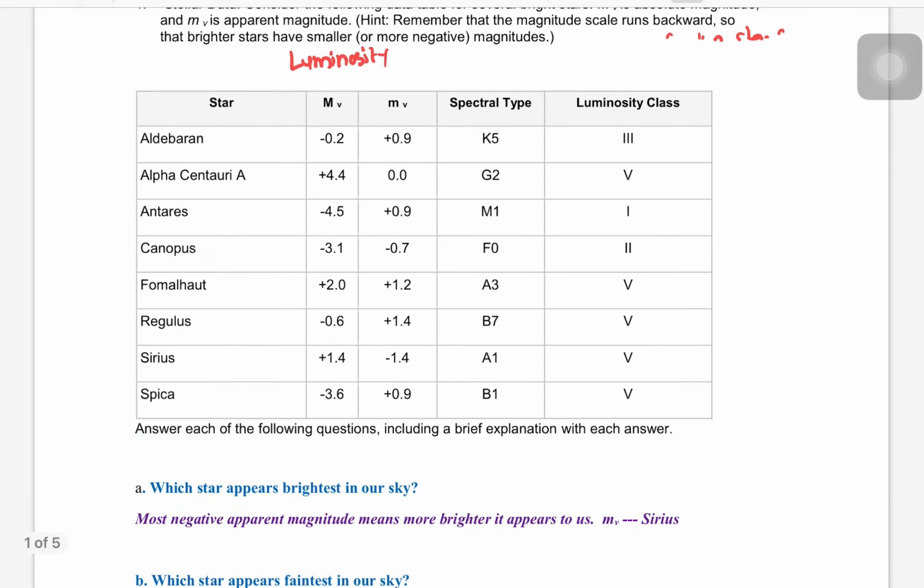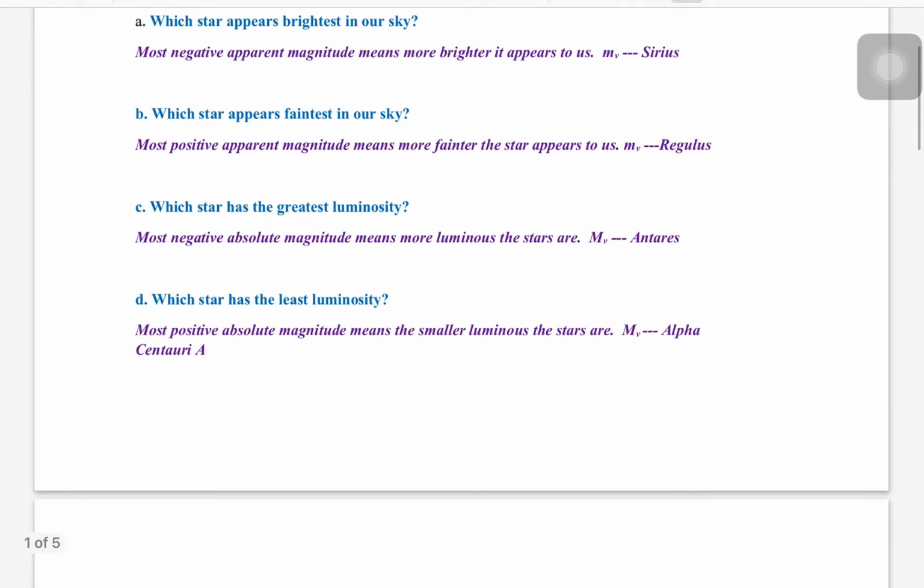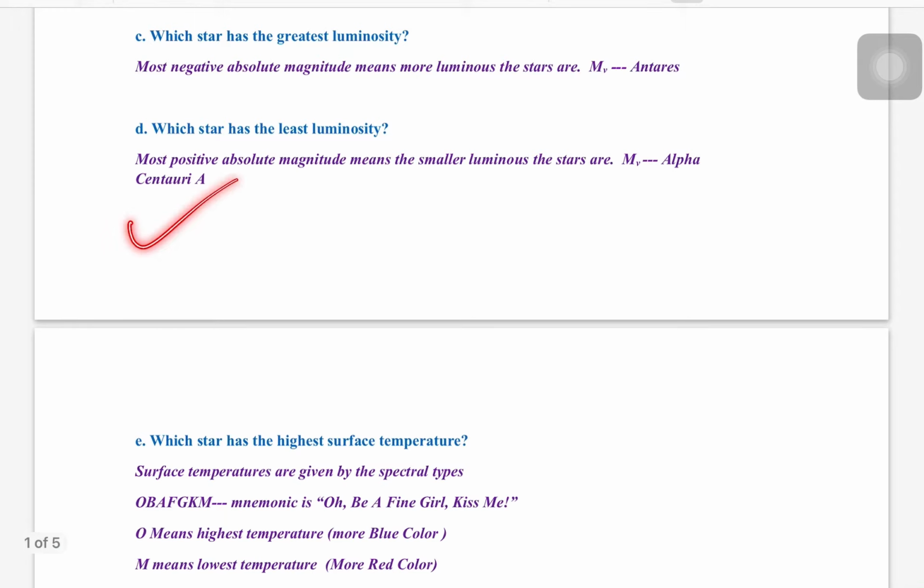The most positive in this table is Alpha Centauri A. So we got the answer here too. Alpha Centauri A has the least luminosity because it has the most positive absolute magnitude, again MV.